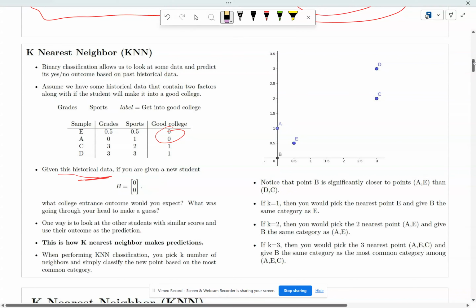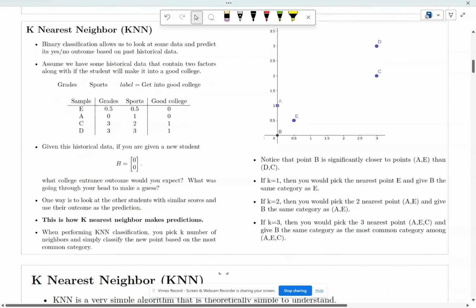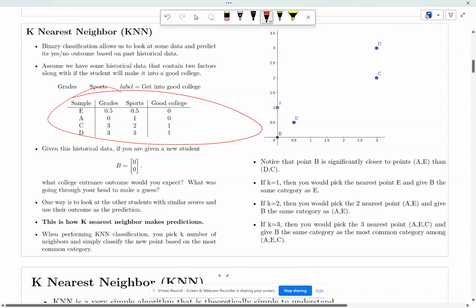One way you can do it is to look at the other students with similar scores and use their outcome as the prediction. That's basically how k-nearest neighbor works.